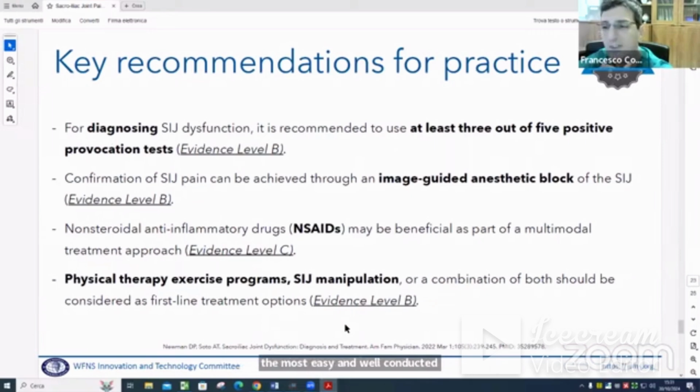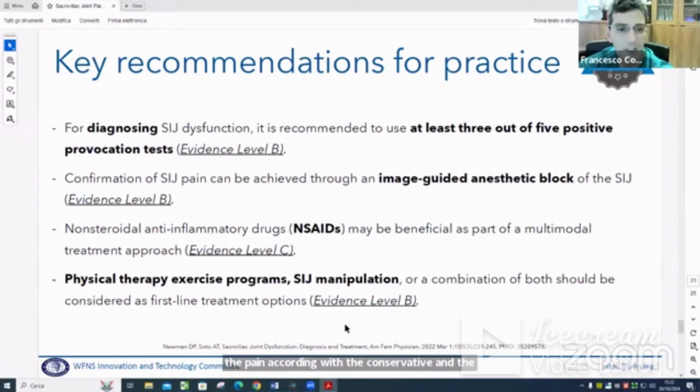For the key recommendations for daily activities, we have to consider that for diagnosis of sacroiliac joint dysfunction it is essential to use at least 3 out of the 5 positive provocation tests, with an evidence level of B. Confirmation of sacroiliac joint pain can be achieved through an image-guided anesthetic block, and we have seen that it has an efficacy of 25%, with an evidence level B. Non-steroidal anti-inflammatory drugs may be beneficial as part of a multimodal treatment approach, because we have seen that drugs alone cannot solve the problem, but may be used just to manage the pain, along with the conservative treatment and physiotherapy in order to reduce the biomechanical stress.